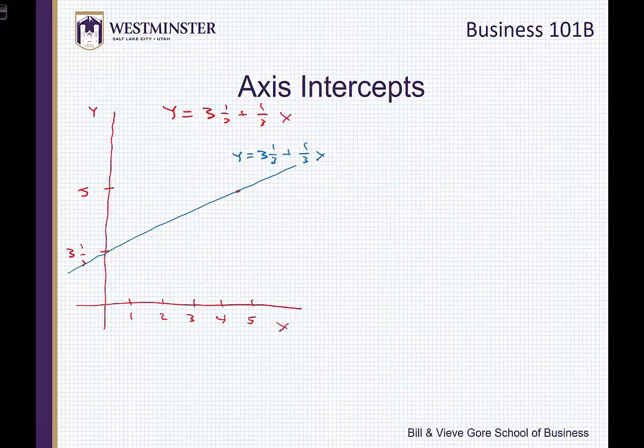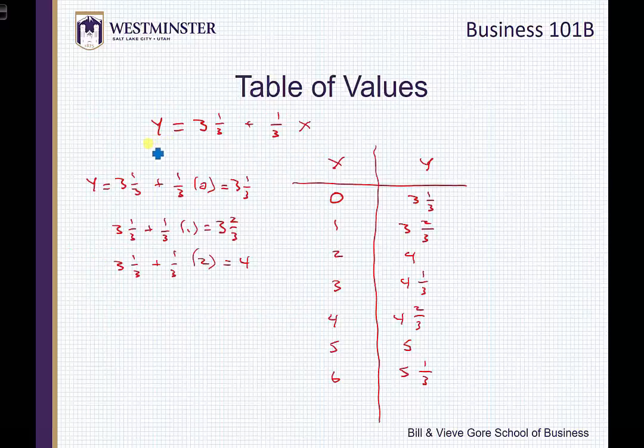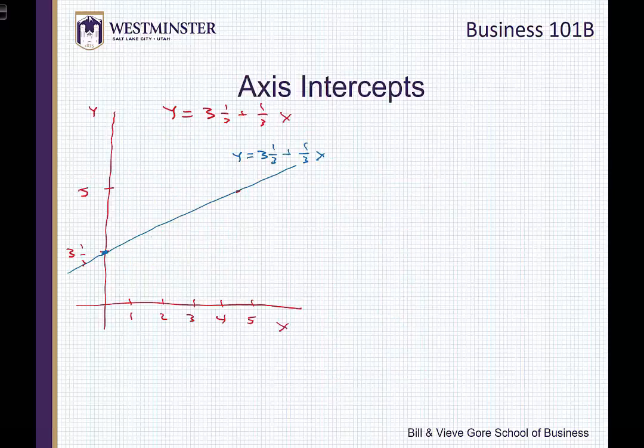Well, how do we think about that? We start with this constant, which happens to be the intercept on the y-axis, so y equals our constant. And then beyond the constant, for every 1 unit movement in x, we pick up a 1/3 unit movement in y. We can also think about this as what we'll consider a rise over run.